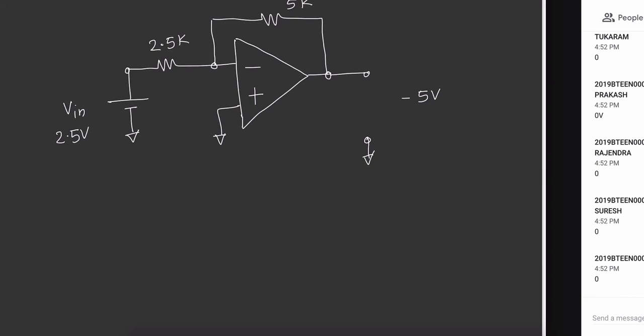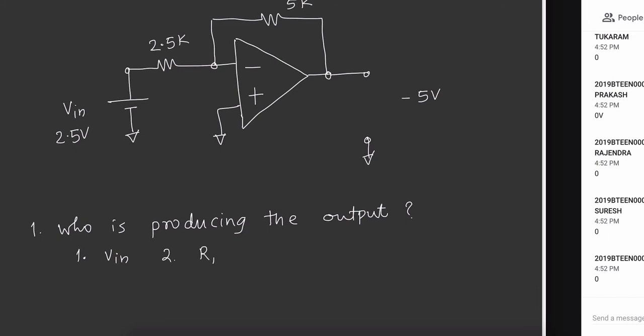Now first question, who is producing the output? Okay. Number 1 option, V input. Two, R1, 3, R2, 4, op amp.